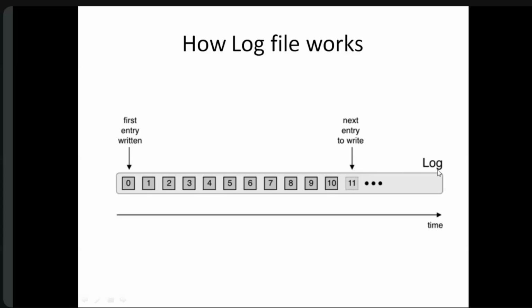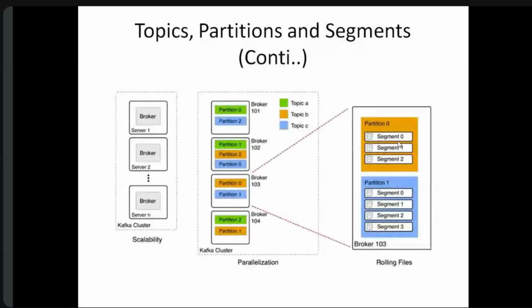I was explaining how the log file works. This is the pictorial view of that log file. Suppose this box is my log file. Whenever I write anything, it will go initially at position 0. Then the second line will be written at position number 1. The same concept is applicable in a partition also.